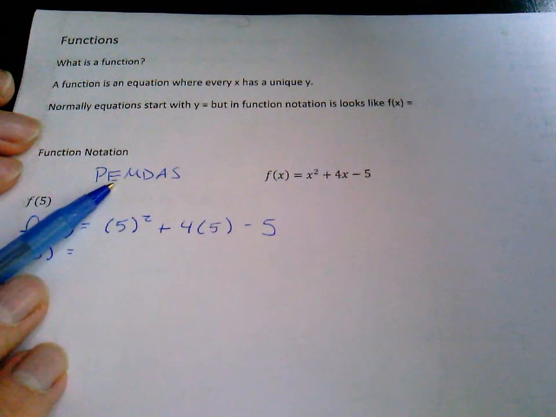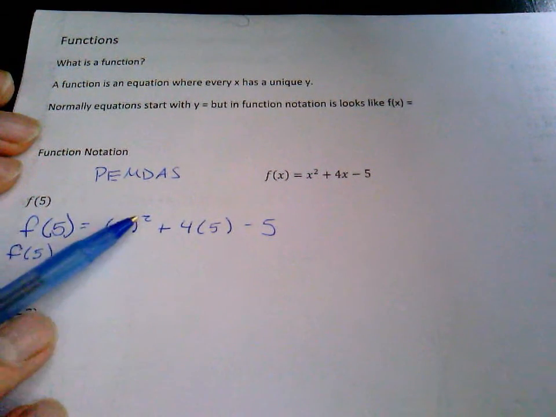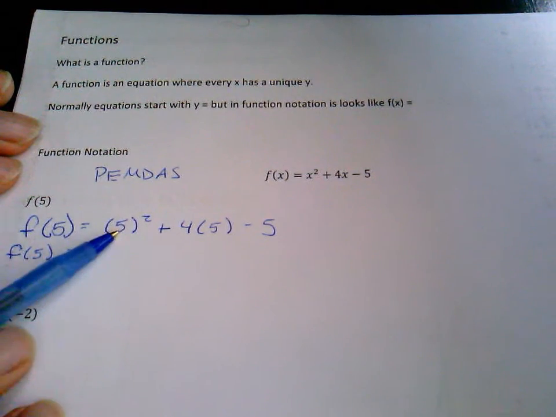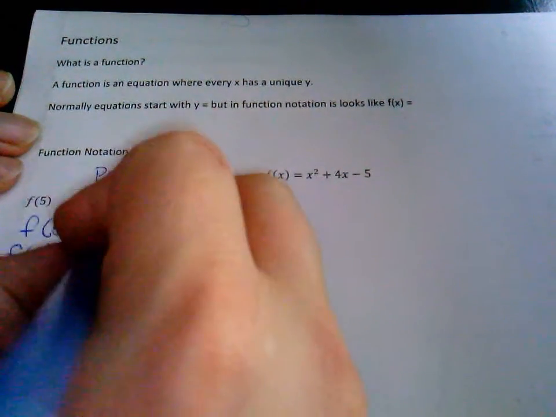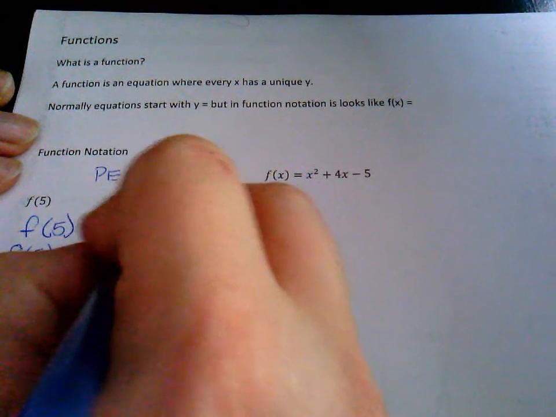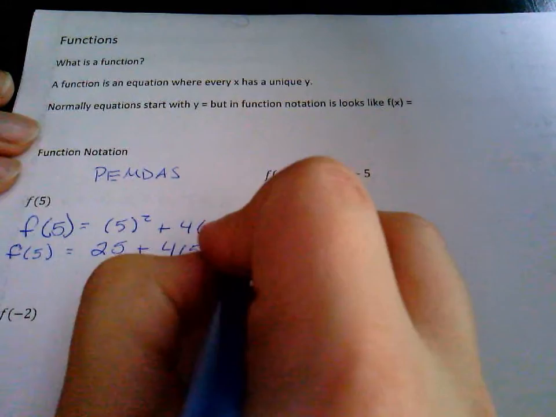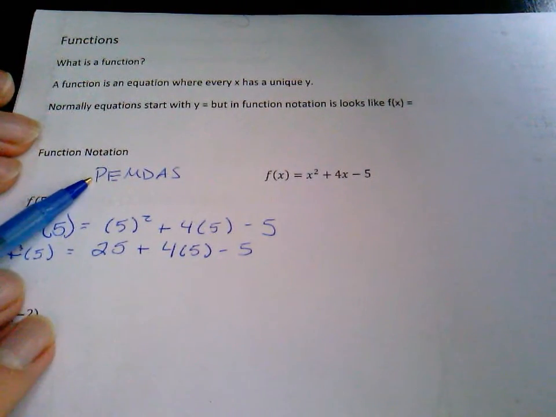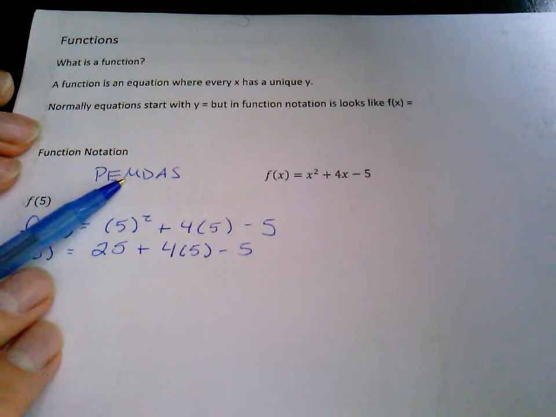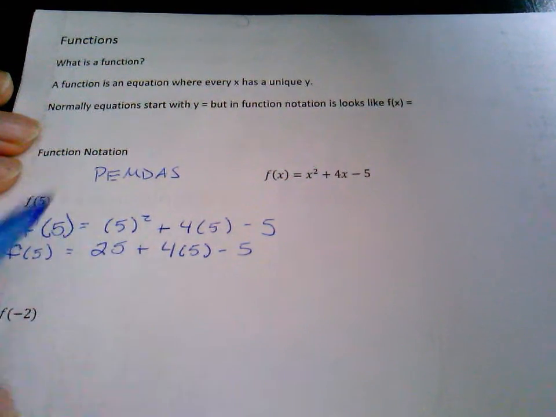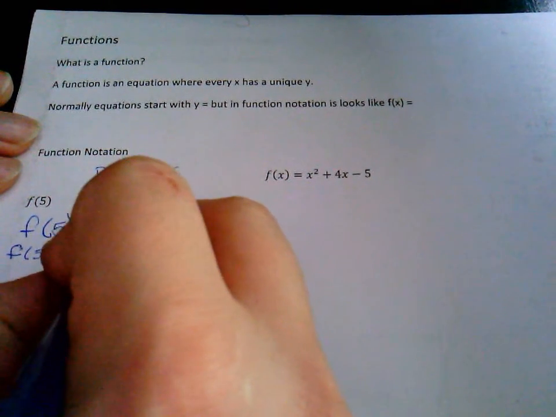Then we go to exponents. Well, 5 squared means we take 5 times itself, so it'll be 25, plus 4 times 5 minus 5. So we've done the p, we've done the e. Now let's do the m. Here's multiplication, so we're going to take 4 times 5.